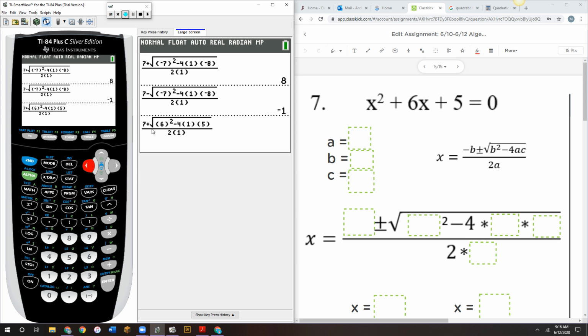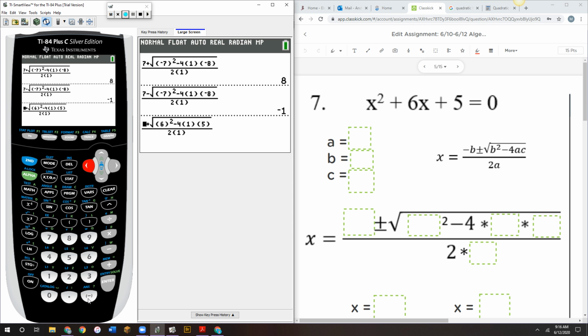Now, my b this time was a positive 6, so since the formula says negative b, I'm going to have to insert a negative sign. Just like the delete key takes away characters, the INS above it gives you extra characters.